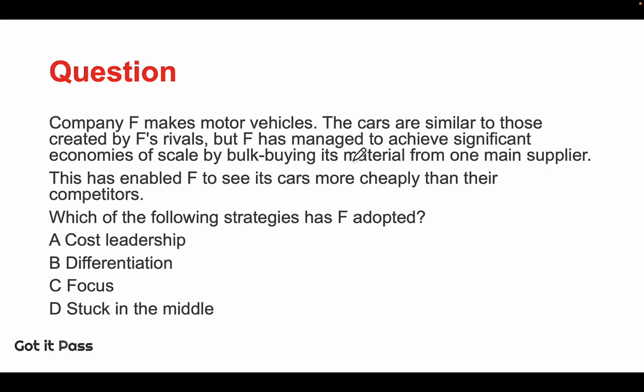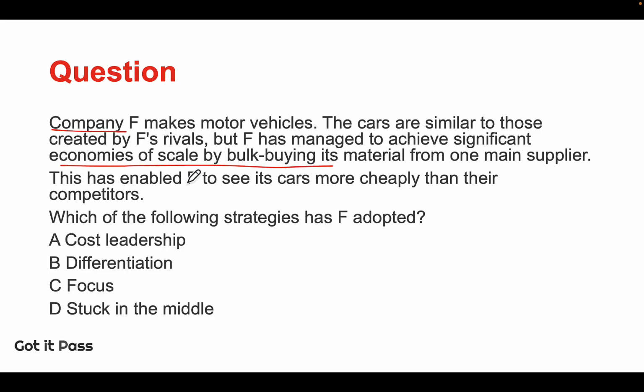So here we discuss some in-class questions for you to have a better understanding of what we discussed in this class. The first question is about Company F. Company F makes motor vehicles, and the cars are similar to those created by F's rivals, but F has managed to achieve significant economies of scale by bulk buying its material from one main supplier.